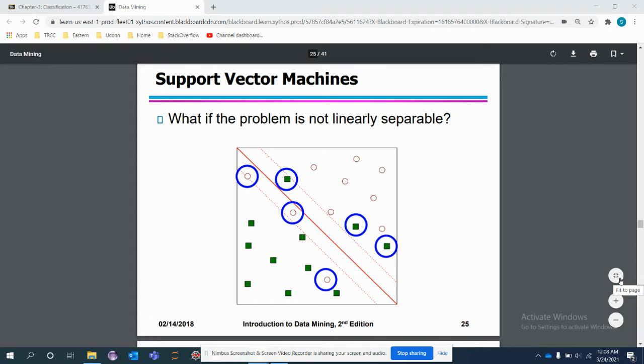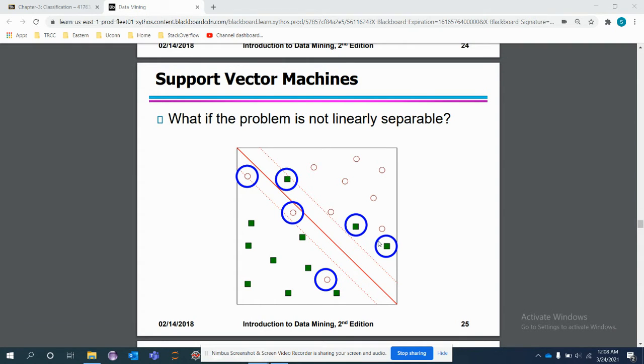The basic idea is to transform the data from its original attribute space in X into a new space, which we can call psi of X, so that a linear hyperplane can be used to separate the instances in the transformed space using the SVM approach. The learned hyperplane can then be projected back to the original attribute space, resulting in a nonlinear boundary.